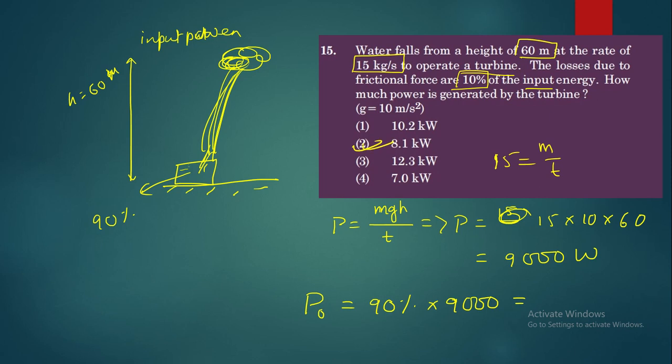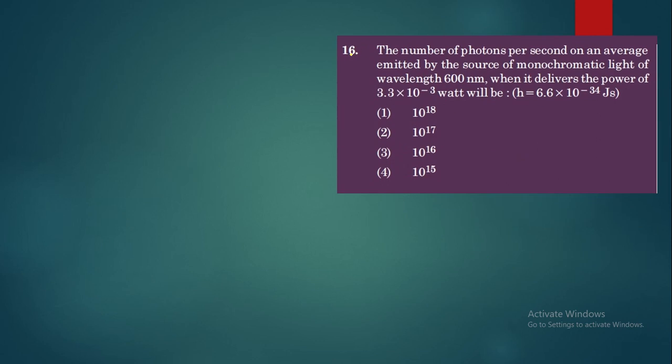Next, question number 16. The number of photons per second on an average emitted by the source of monochromatic light of wavelength 600 nanometer when it delivers the power of 3.3 into 10 power minus 3 watt will be what?